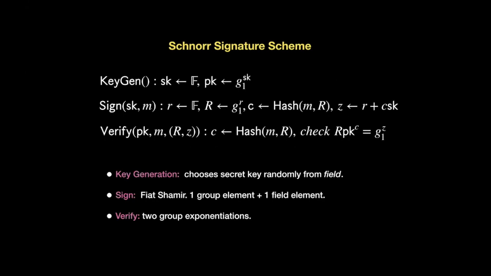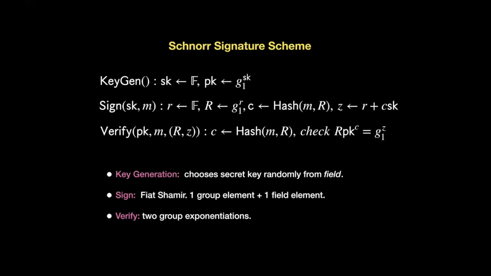The Schnorr signature scheme, in case any of you aren't familiar with it, we have that the public key is just equal to g to the power of the secret key, same as for BLS. In order to sign, sample a random field element r, compute R equals g to the power of r, hash that group element together with the message to get c, and then you compute z equals r plus c times your secret.